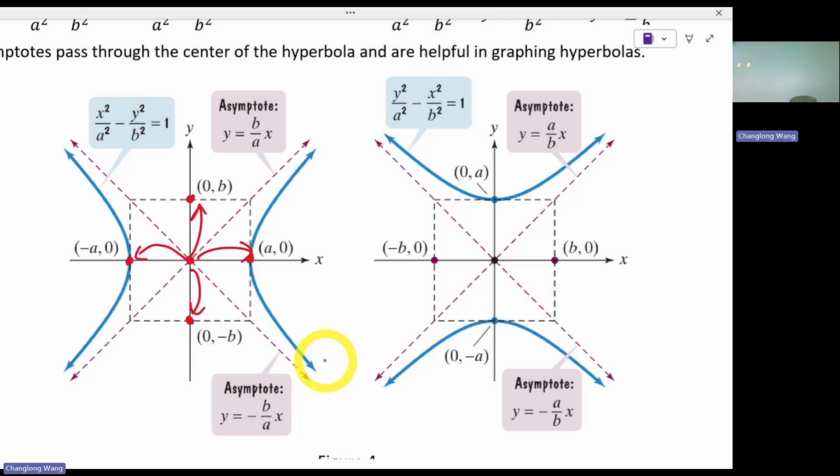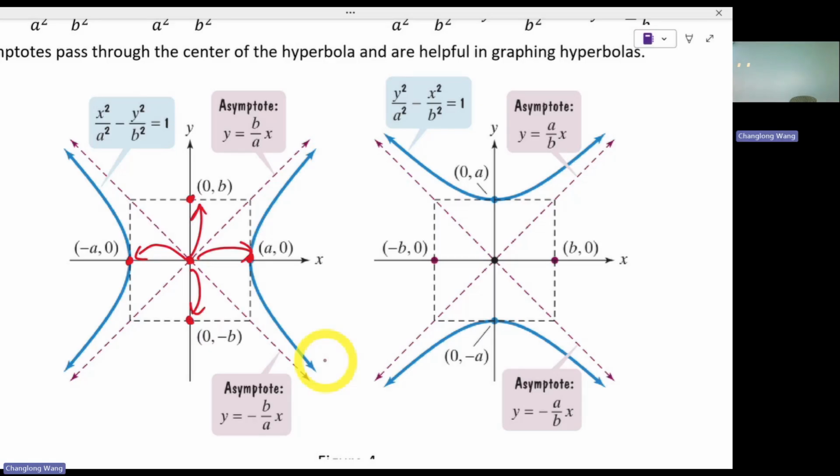The two diagonals are guaranteed to be the asymptotes. You don't have to know the equation; you just know that it's going to be the asymptote. And you can probably see why. For example, the one that goes from the bottom left to the top right, do you see that this line must have a slope of b over a? Because that's how wide that triangle is. That's a units here, that's the run, and the rise is b over a, right? And the other one's going to be symmetrical.